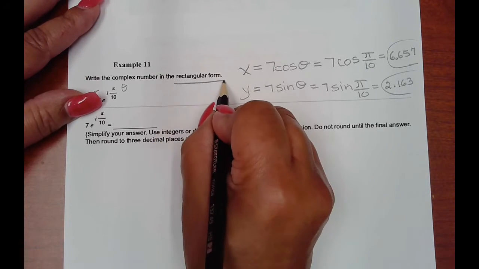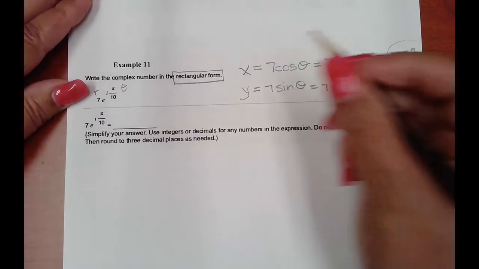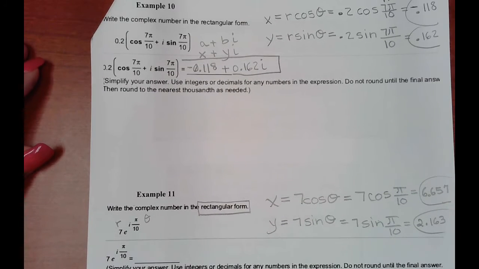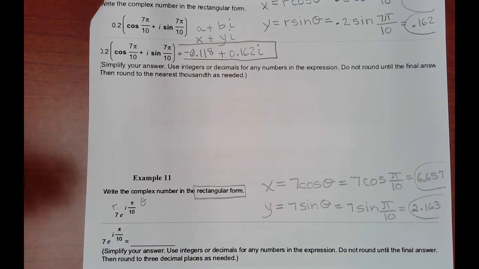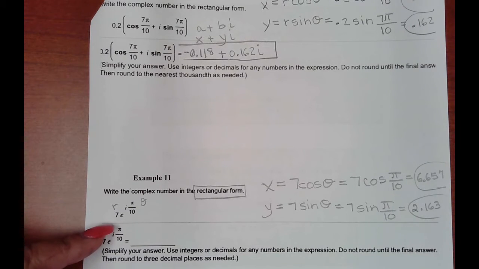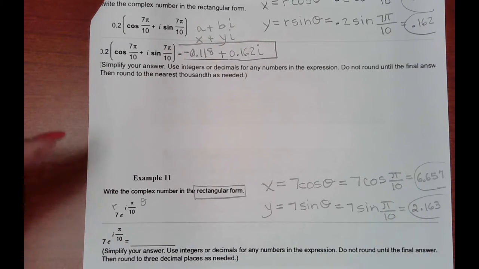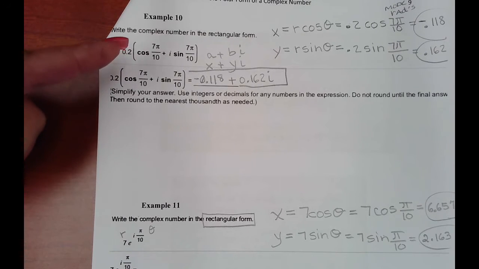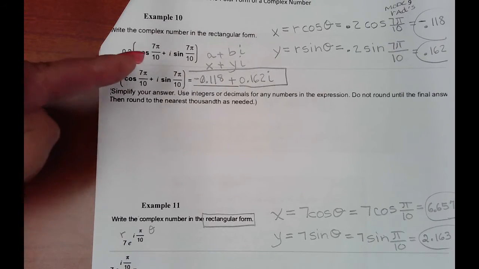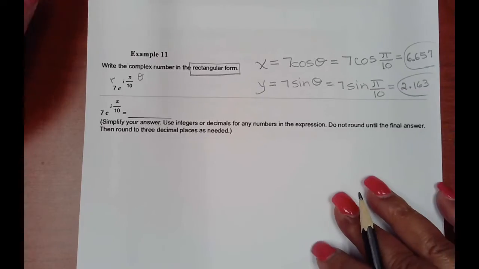Okay, so again, when they say rectangular form, regardless of the way they deliver the information to you, you're looking for x and y using the r and theta that they've given to you. They may give you the r and theta in exponential form, or they may give it to you in full-blown polar form, where the r is out front and then you have cosine theta plus i sine theta.